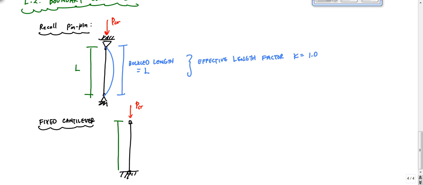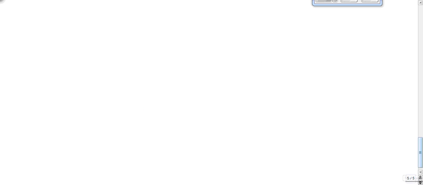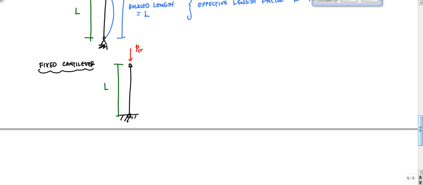The length of my cantilever is L. But my buckled shape, you can imagine, if I fix this right here and I apply it, it kind of does that.